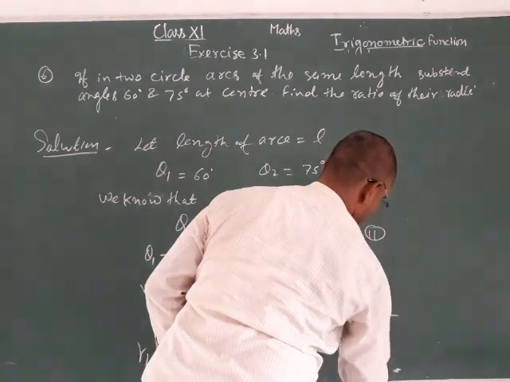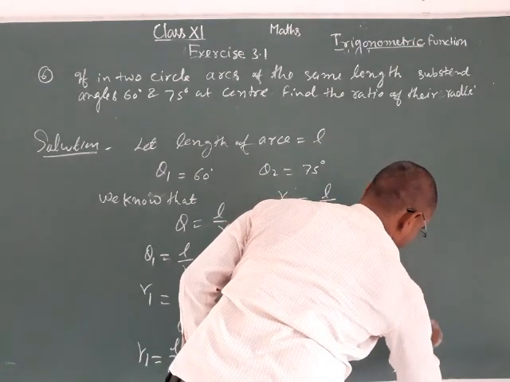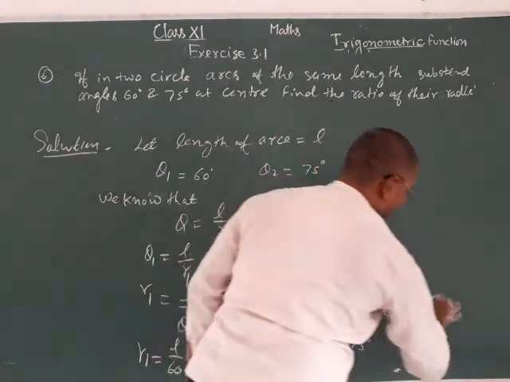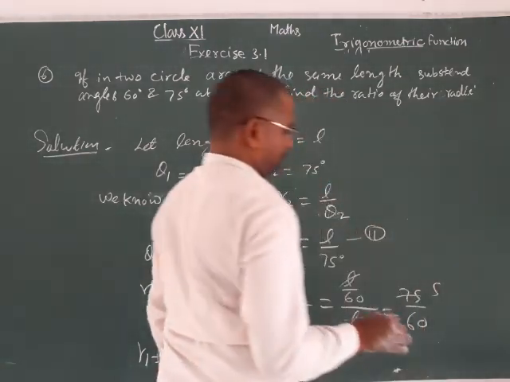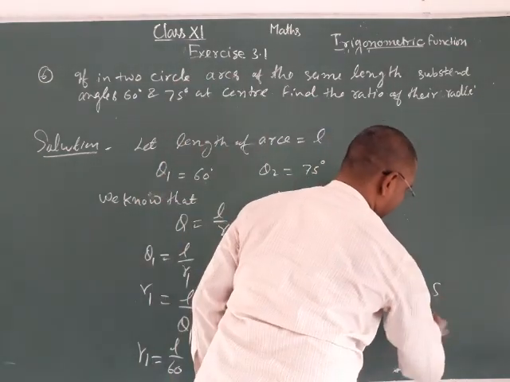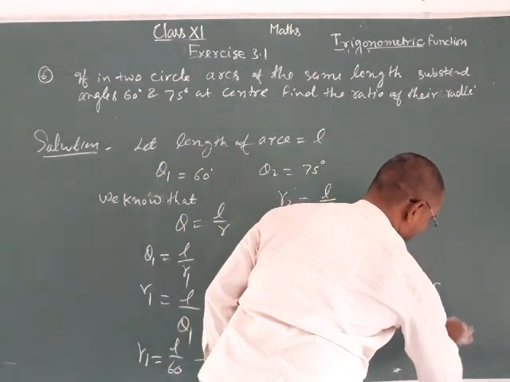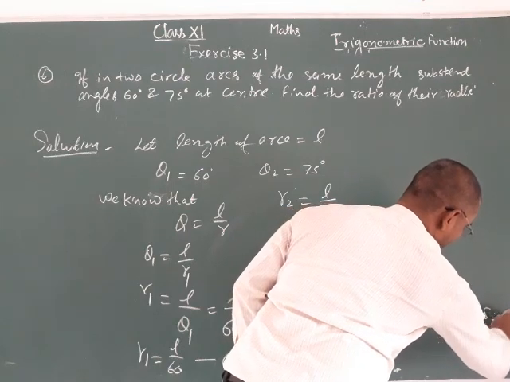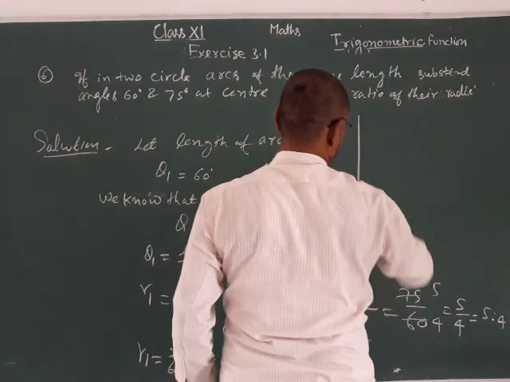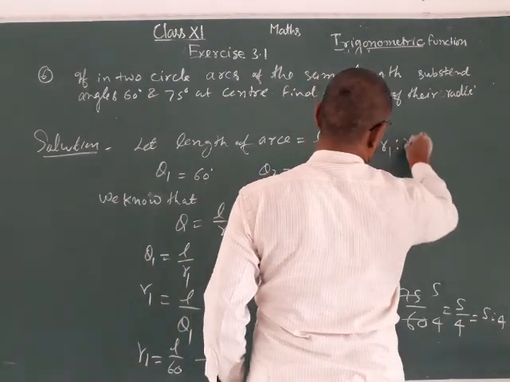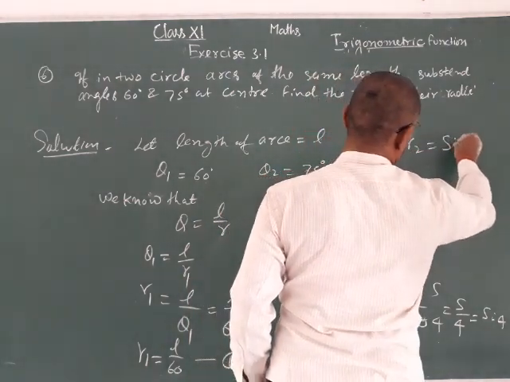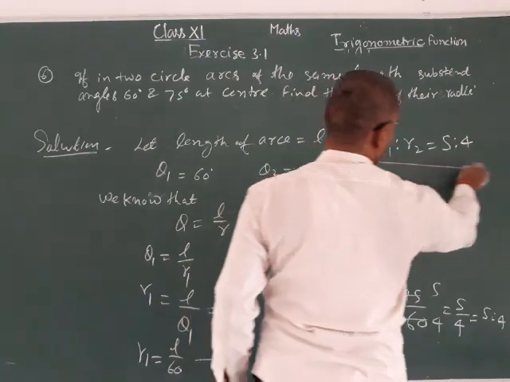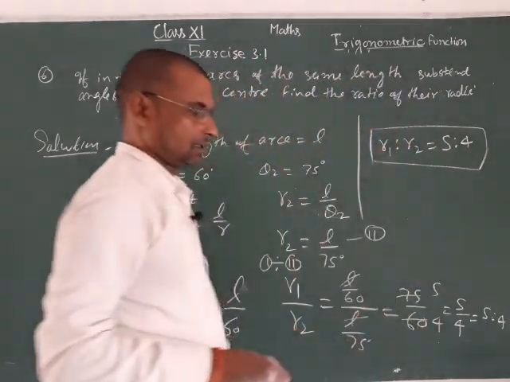So L cancels out, 75 upon 60. So 15 5, 15 4. So 5 upon 4. So r1 ratio r2 is equal to 5 ratio 4. This is the answer.